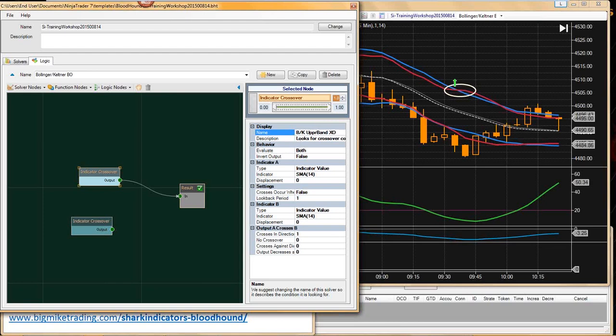I'll just use XO for the crossover abbreviation. In A, we're going to put the Bollinger, and in B, we're going to put the Keltner. So let's set this up.